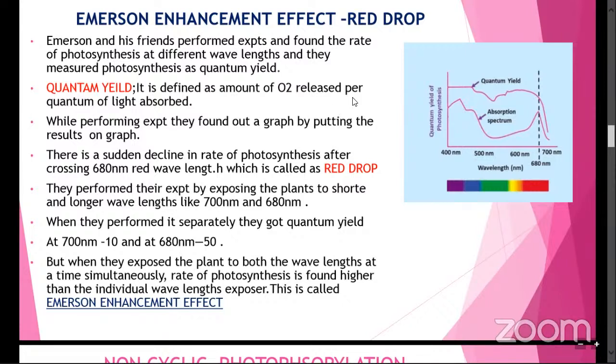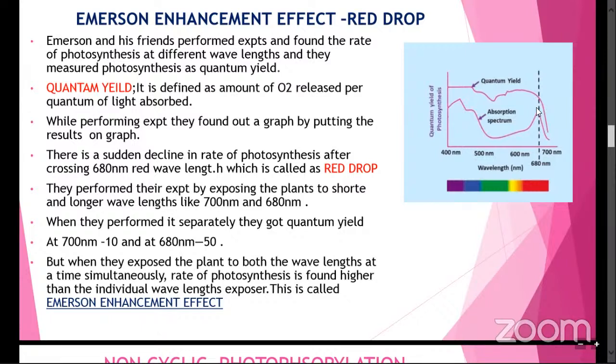And here in this graph, see here, initially the rate of quantum yield was normal up to 600. But after reaching 680, it is very clear: after reaching 680 nanometers, there is a sudden fall of quantum yield. That is called the red drop.